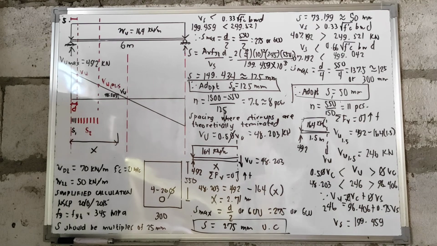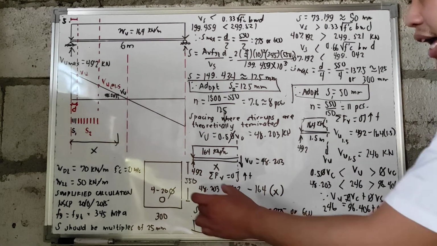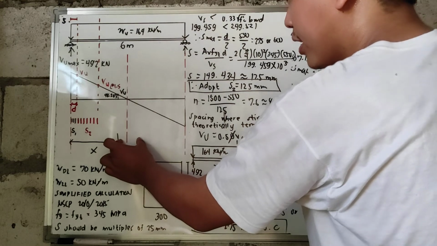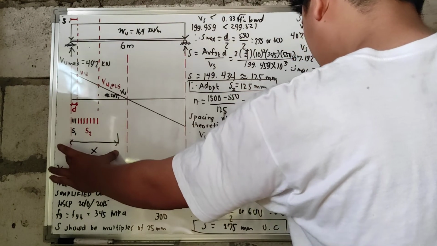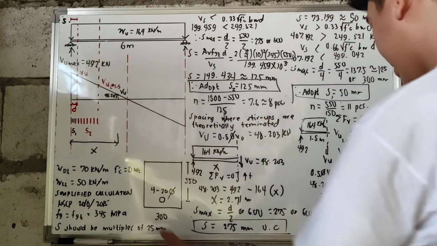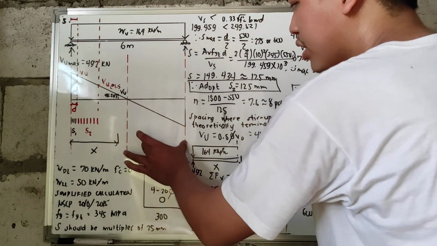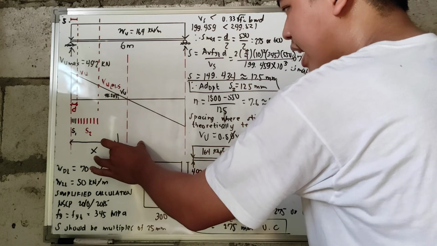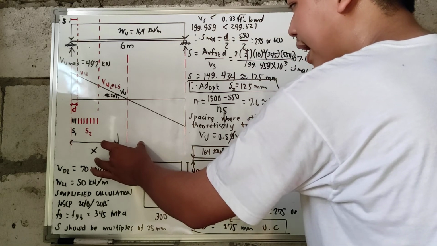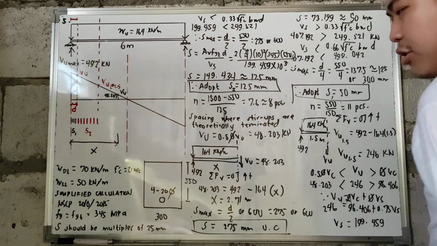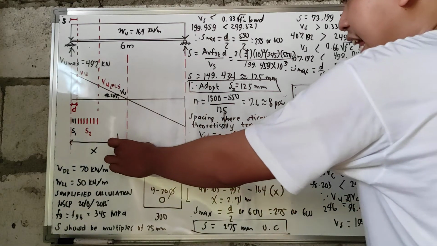And of course, kung i-apply natin yan sa actual, since hindi naman kailangan talaga yung spacing, di ba? So meron tayo dito na X na. What is the value of your X? That is 2.71. So dito din, at a certain distance na 2.71, etong sa gitna natin, hindi na natin kailangan pa ng lagyan ng bakal yan. Kaso nga lang, kinakailangan pa rin.